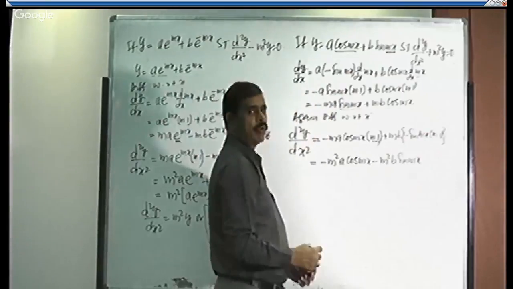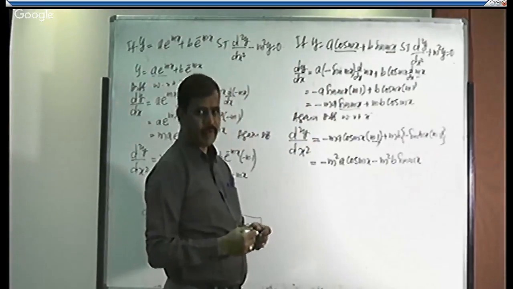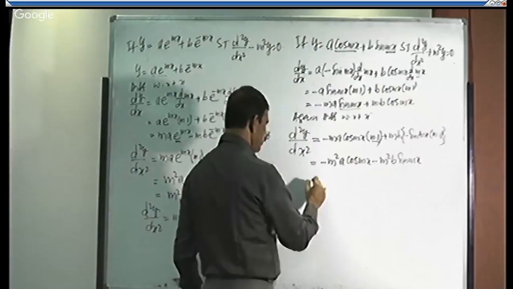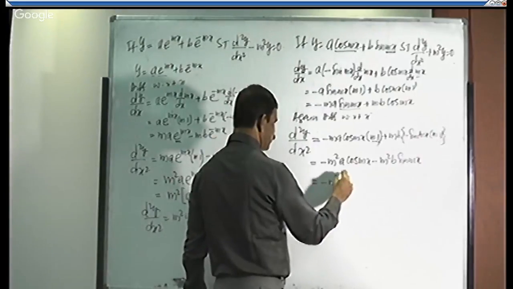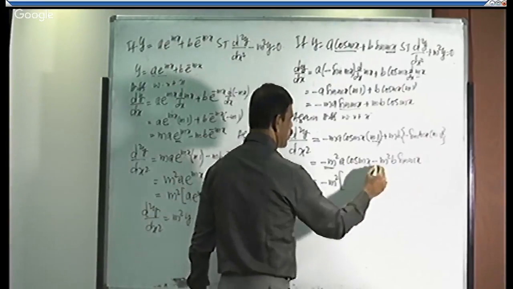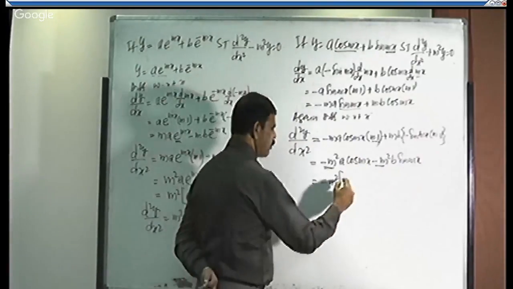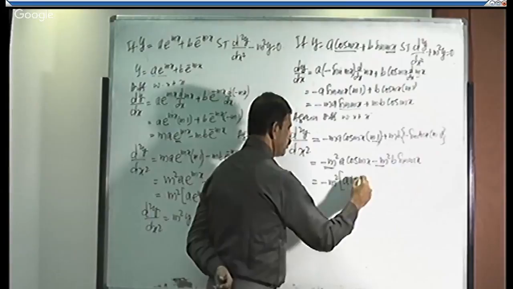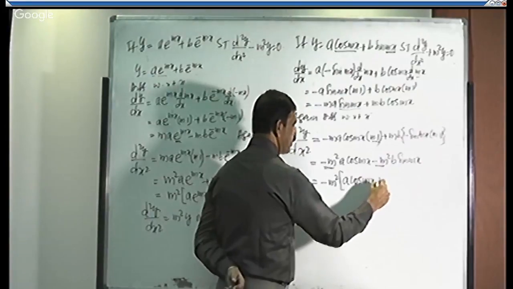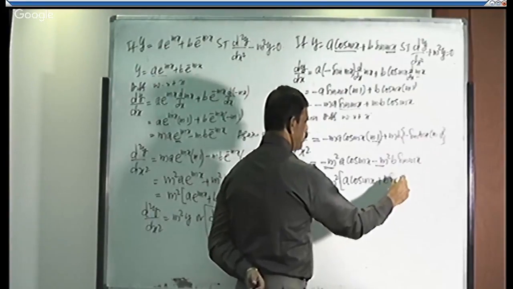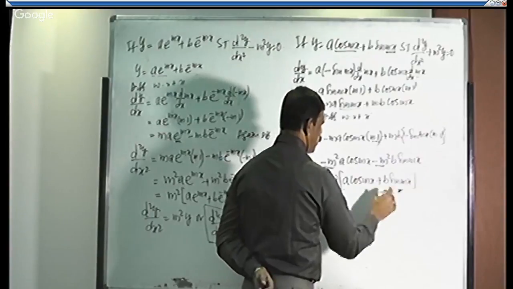To get it in the form of y, we need to take the common. What is common here? Minus m square. If I take minus m square as common, what is remaining? A into cos mx plus b into sin mx. Observe this bracket.